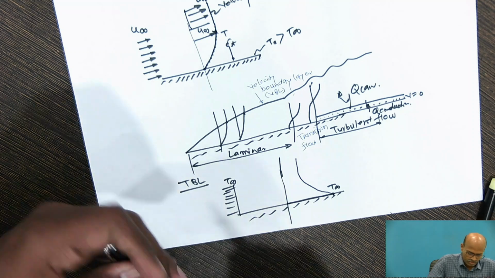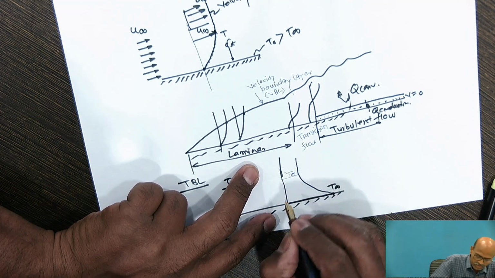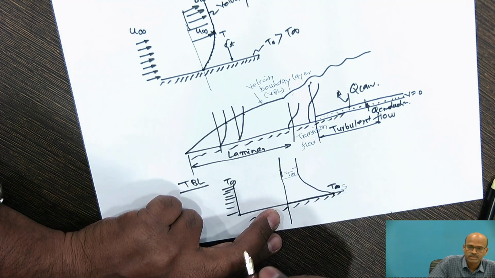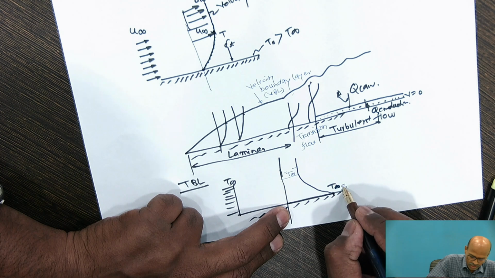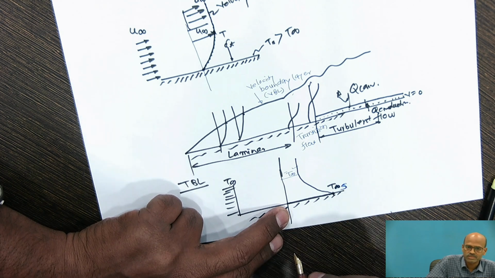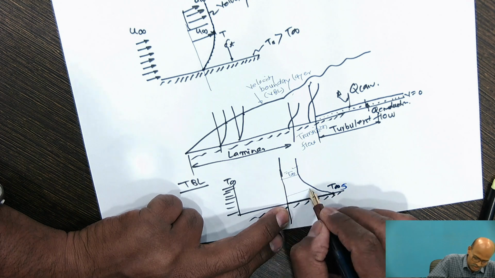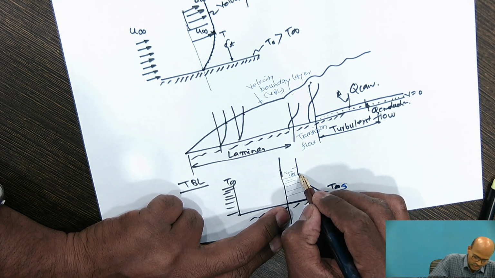It is observed that at this distance the temperature of the fluid becomes equal. This was Ts and this becomes T infinity. The fluid layer in contact with the wall will have the same temperature, Ts, and as you move away from the surface, its temperature goes on decreasing and becomes equal to T infinity at a certain point.